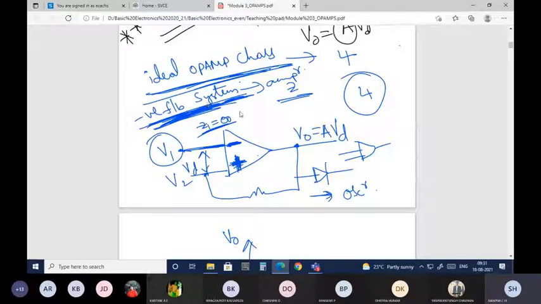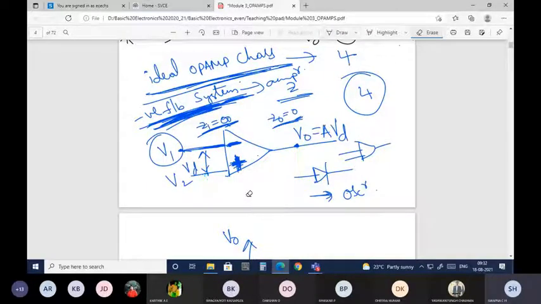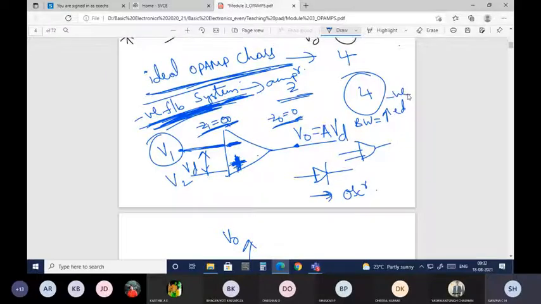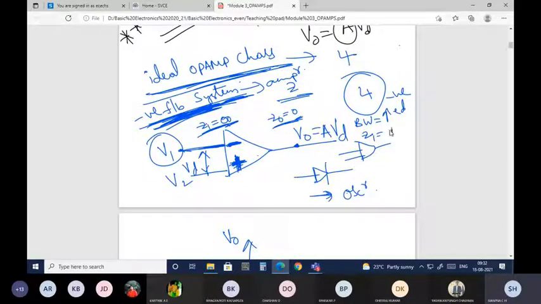And Z0 should be 0, right? With negative feedback, this Z0 will be reduced. Whatever values I am giving here are the ideal values, but practically these won't be the values. So for practical circuits, when you give negative feedback, you get more advantages. A few of the advantages I have listed here: bandwidth will be increased with negative feedback, Zi will also be increased, and Z0 will be decreased.